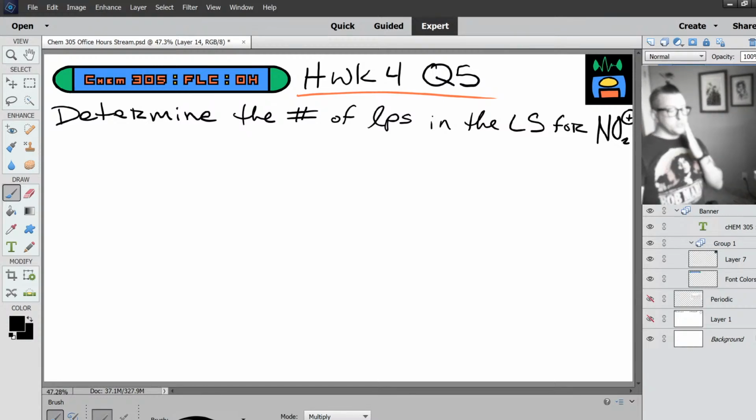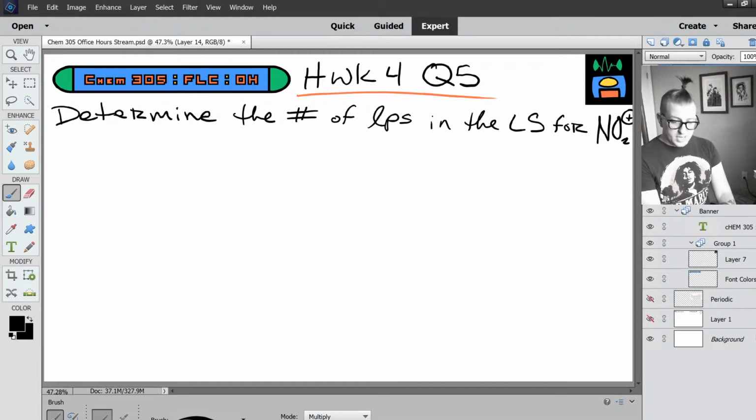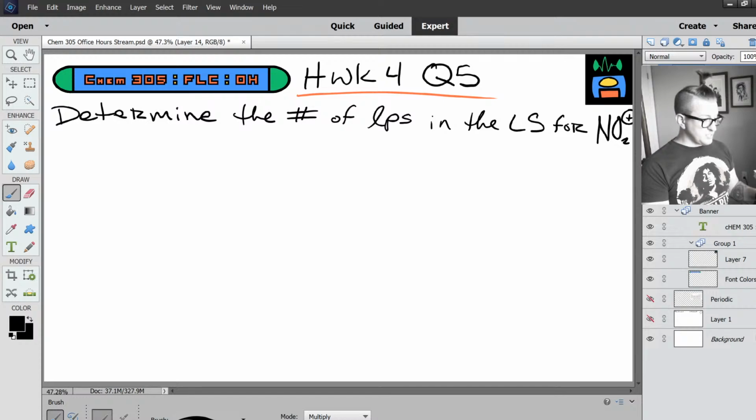So to do this problem, we need to draw this Lewis structure, determine how many lone pairs it has, and then we will be in business.